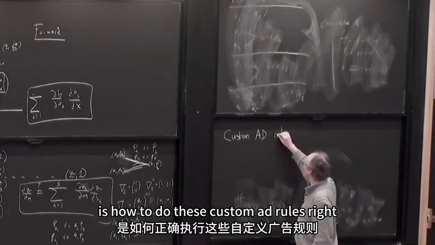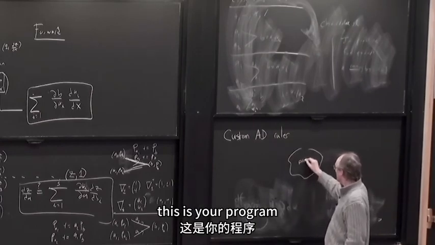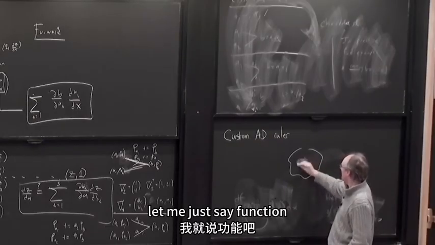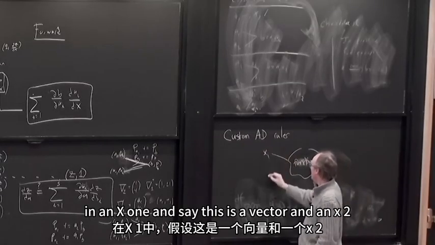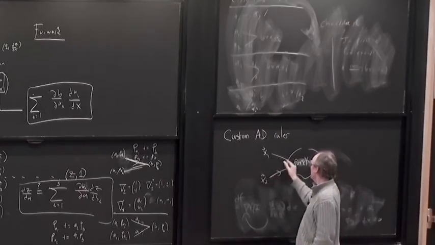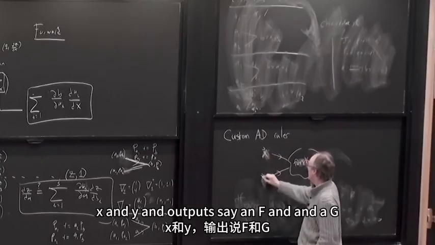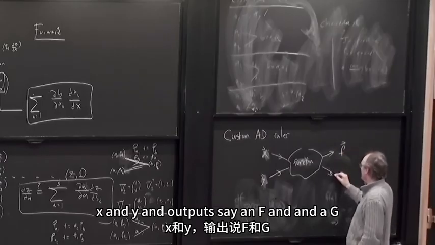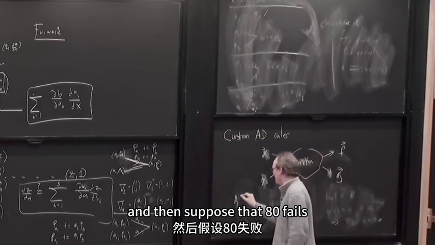is how to do these custom AD rules, right? So suppose you have a box. This is your program, or maybe just a subroutine in your program. Let me just say a function that takes in x and y, and outputs say an f and a g, and then suppose that AD fails.